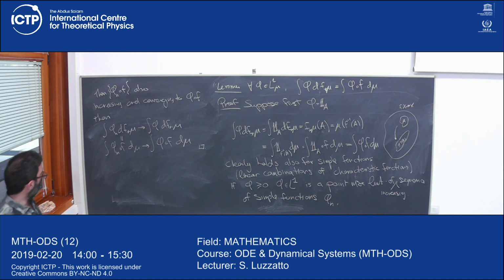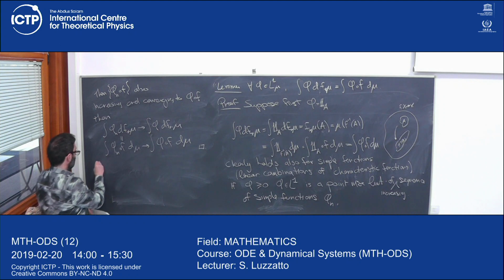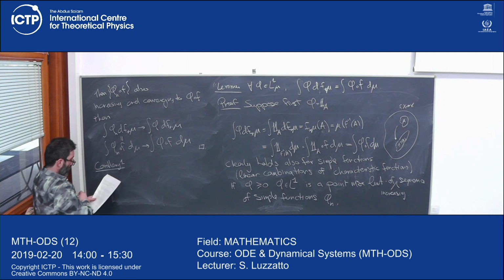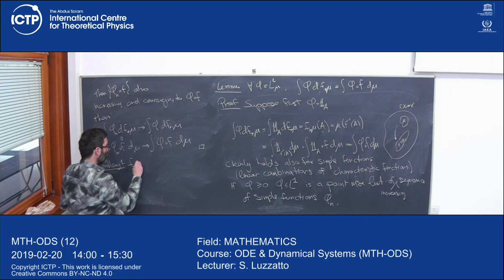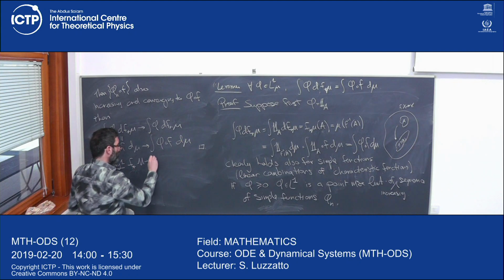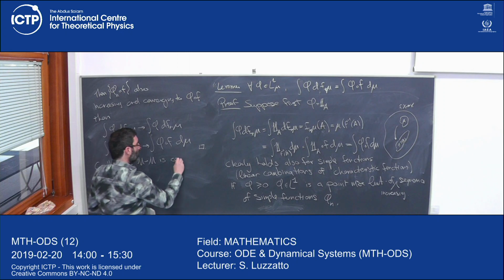Okay, so this has two corollaries which we will use. Corollary 1, which says that f star from M to M is continuous.